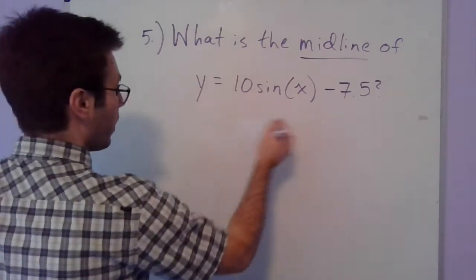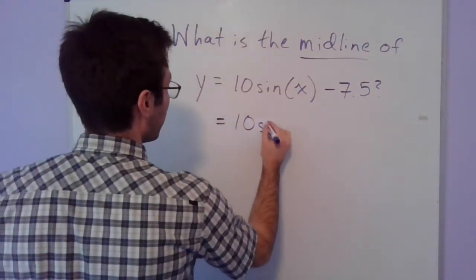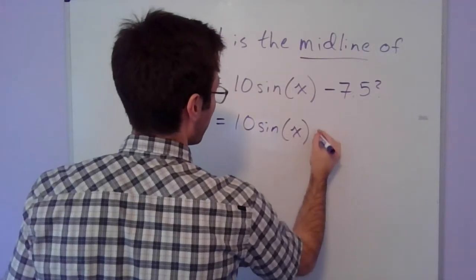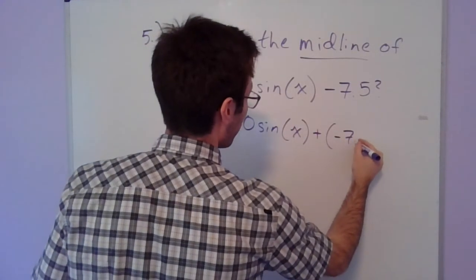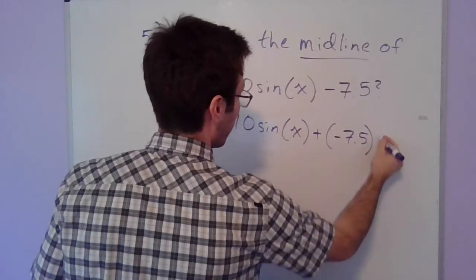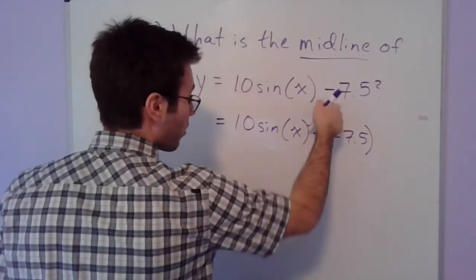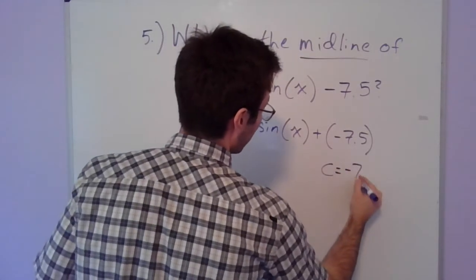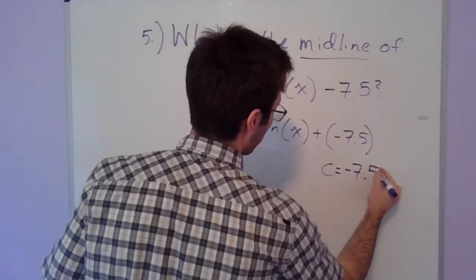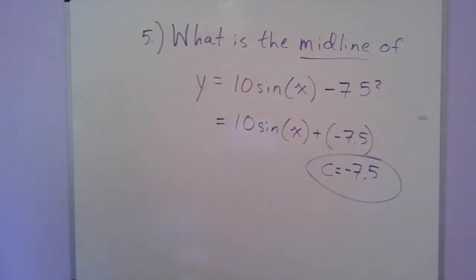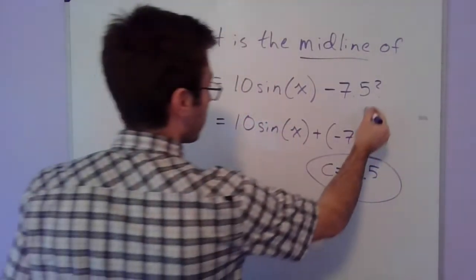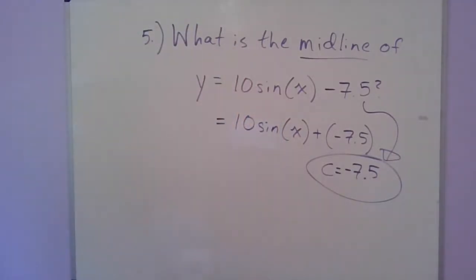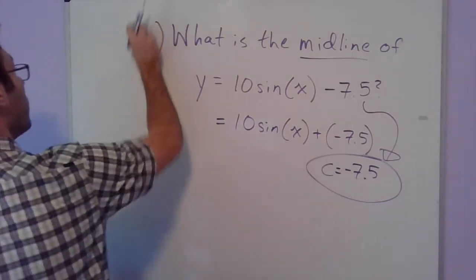So right here, you could even rewrite it as plus a -7.5, because you're going plus negative, so that's a negative. So right here, it's very obvious that C is equal to negative 7.5. So the midline can be negative, unlike the amplitude. That would be number 5.